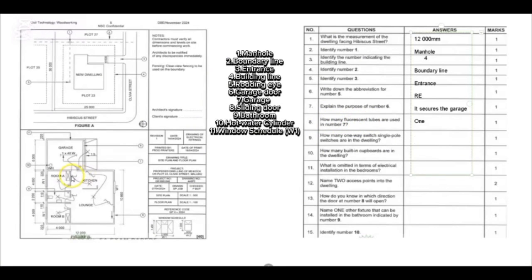Number 9, how many one-way switch single pole switches are in the dwelling? Looking at the plan, there are 4 one-way switches shown.